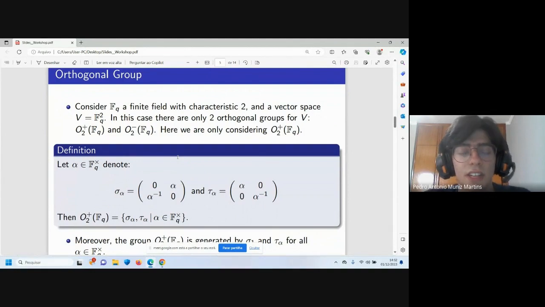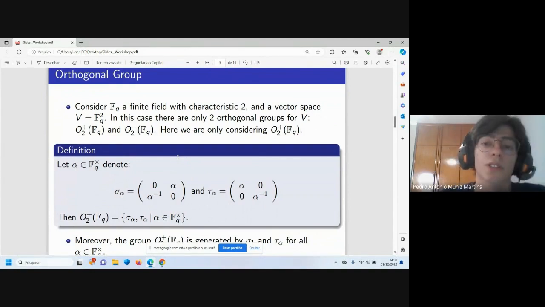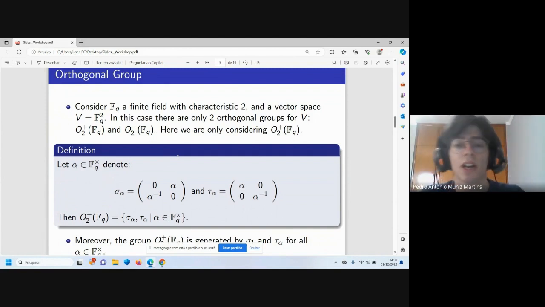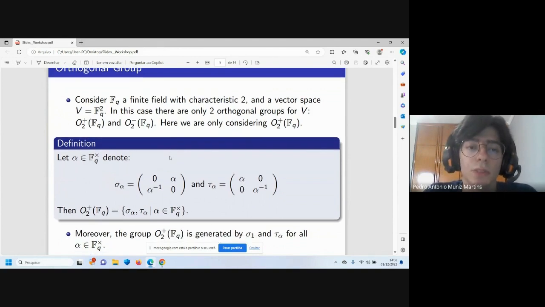Consider F_q a finite field with characteristic 2 and a two-dimensional vector space over this finite field. In this case, we have only two orthogonal groups for our vector space, O2 plus and O2 minus. In this talk and in our paper, we just consider the case O2 plus. The definition of this group is quite simple.